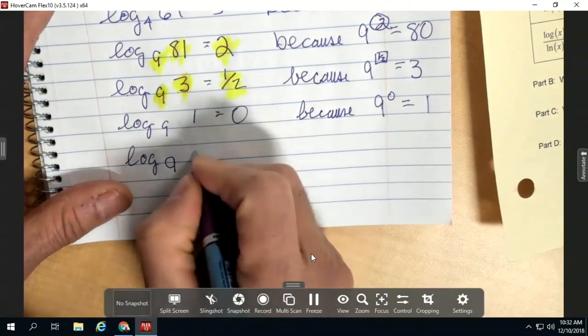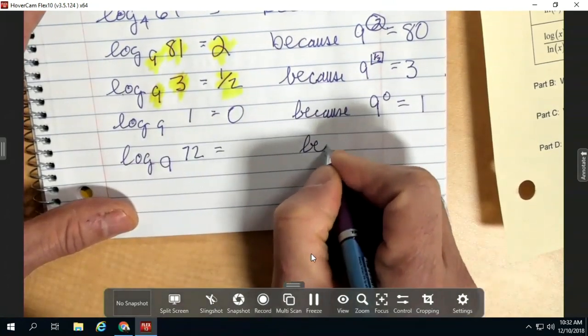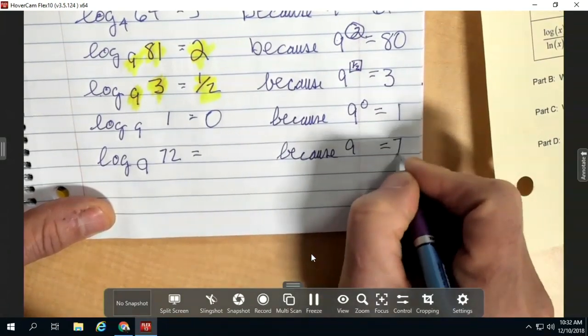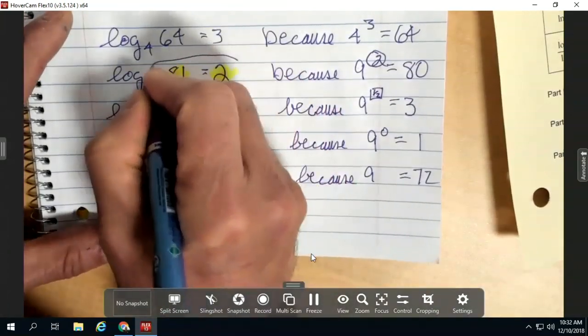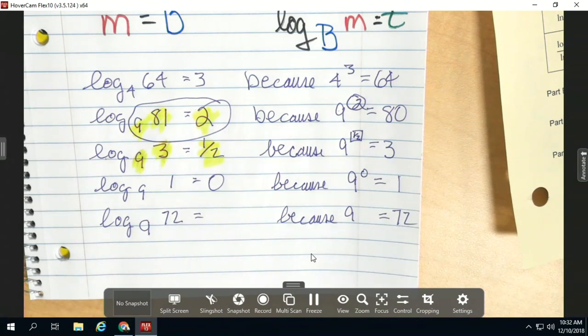Log base 9 of 72 is, 9 to some power is 72. Well, would you agree that power is going to be close to 2? Give me a number that's close to 2 that we could raise 9 to. 1.8. 9 to the 1.8, I got 52.